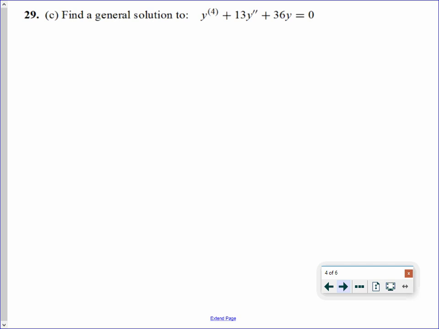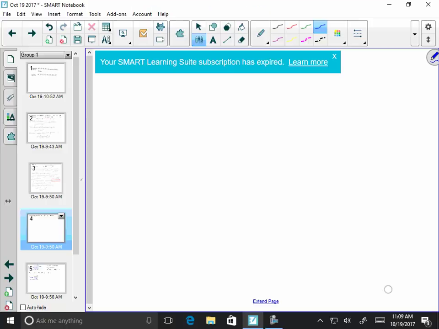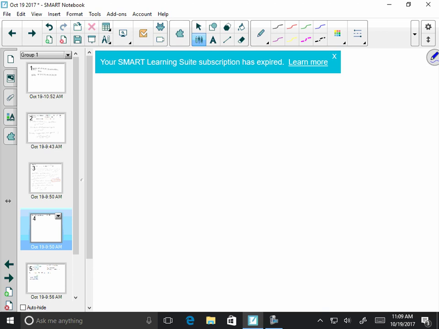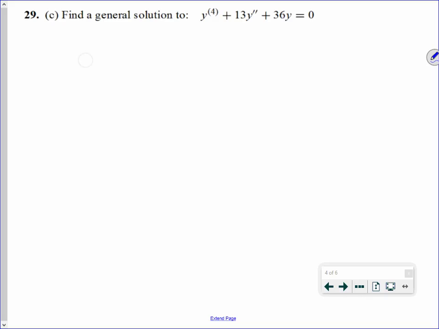Now, the book has an odd notation for the fourth derivative. I put up what I consider to be a standard notation, but he actually has some sort of notation I haven't seen before. He has y with an IV as an exponent.